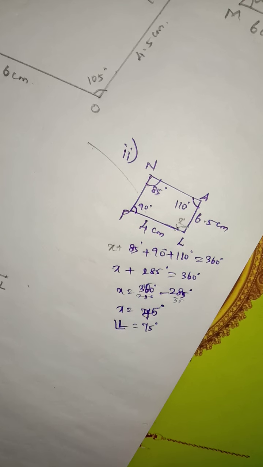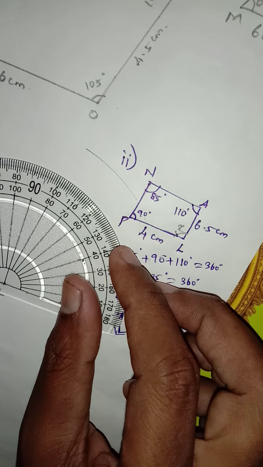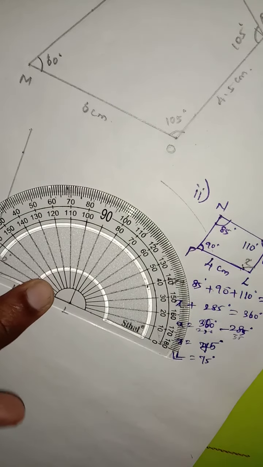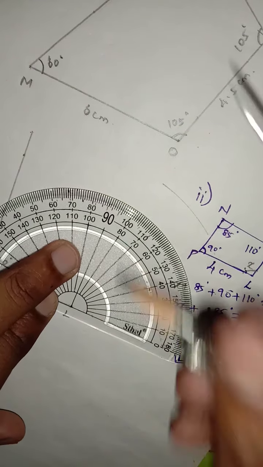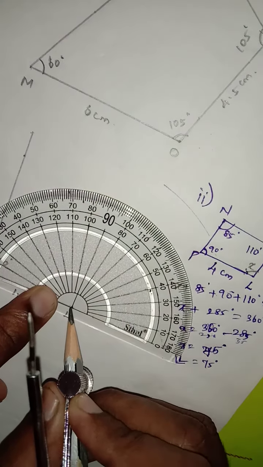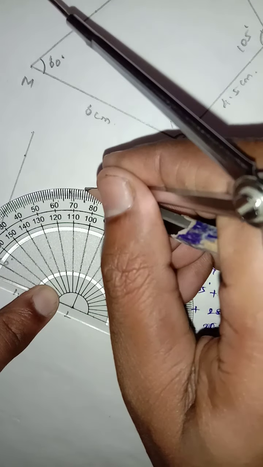So keeping protractor on L, measure 75 degree. You know 75 will come between 70 and 80. Here 175, here 75. At this point, 75 is less than 90, so we want to take this 75.